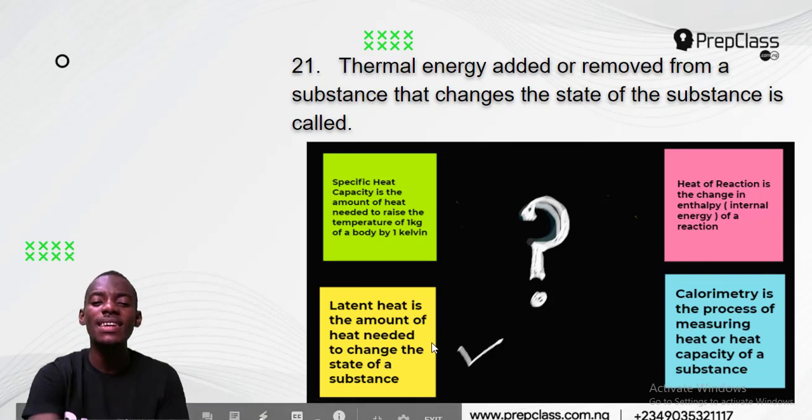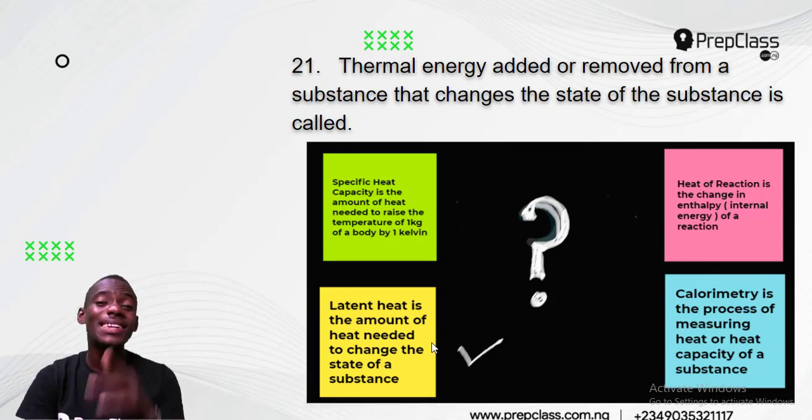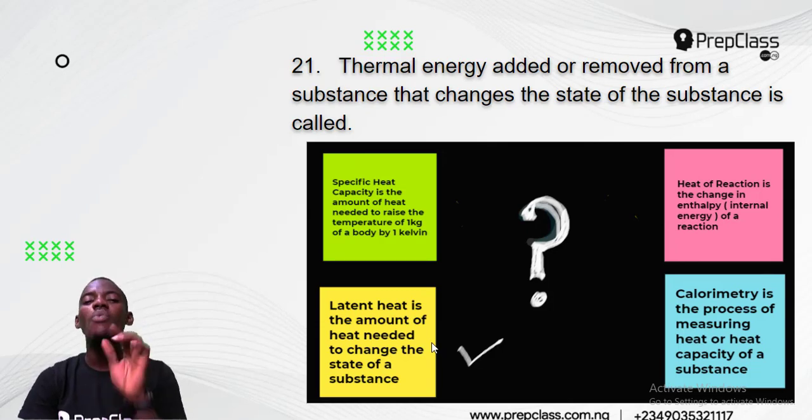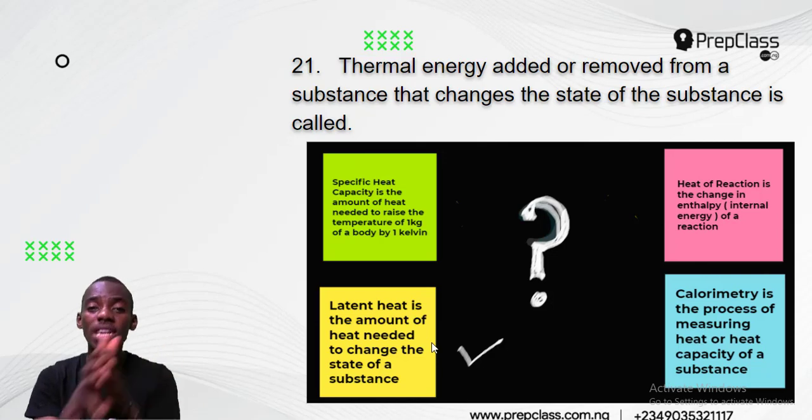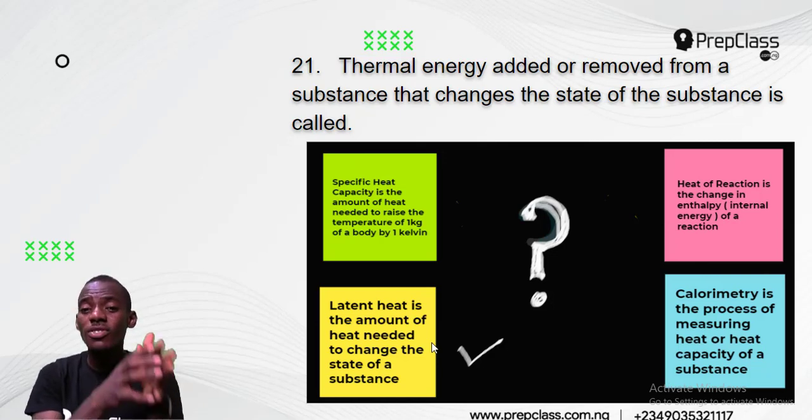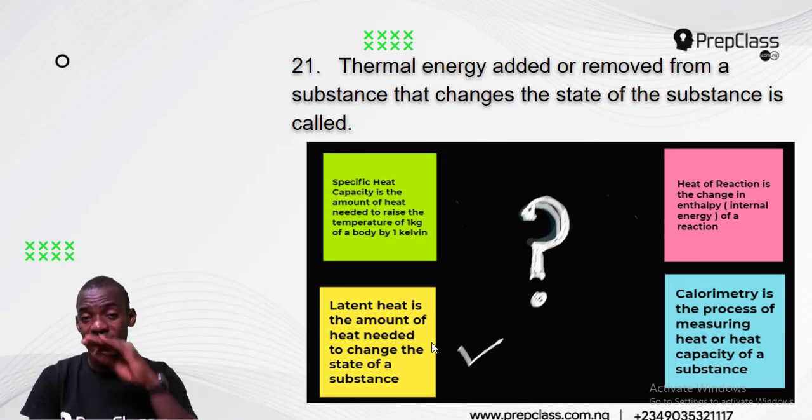Now let's check out latent heat. Latent heat is the amount of heat needed to change the state of a substance, and that is the same as the question. The word latent means hidden. When a substance is changing from solid to liquid, the heat that changes it is not seen.